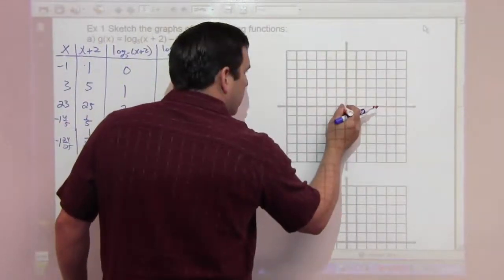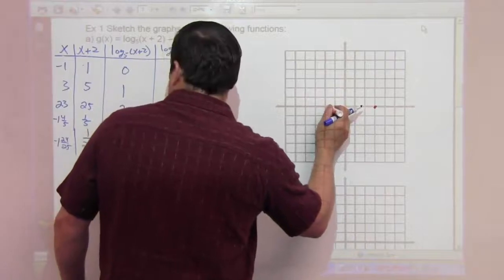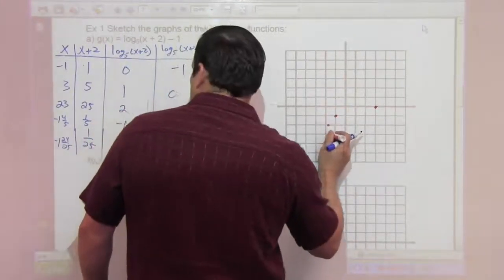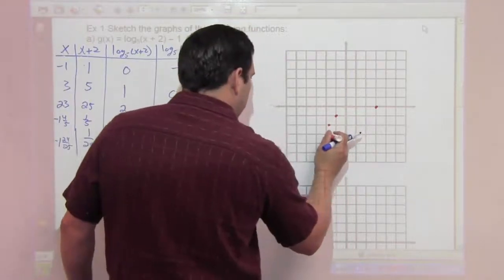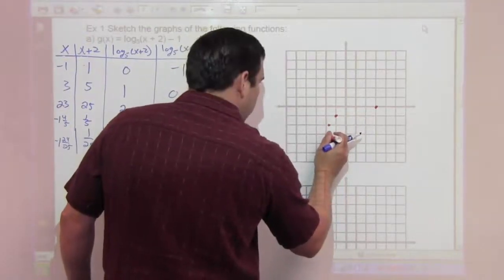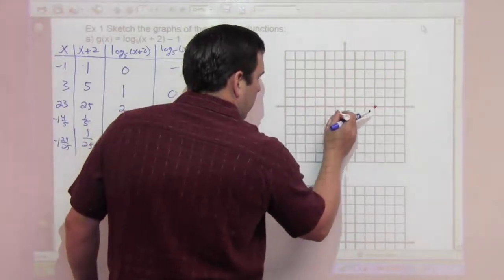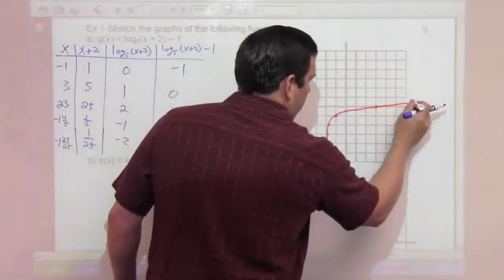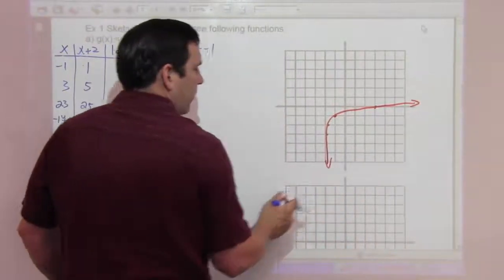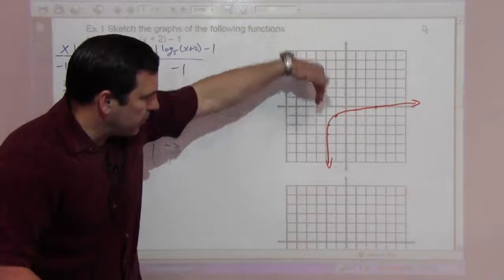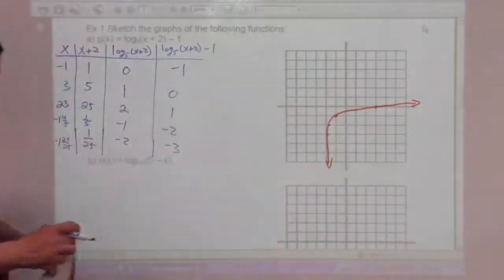Negative 1 and 4/5 corresponds to negative 2. And then negative 1 and 24/25 is going to correspond to negative 3. And there's our graph. This line, x equals negative 2, is an asymptote. It's approaching that.